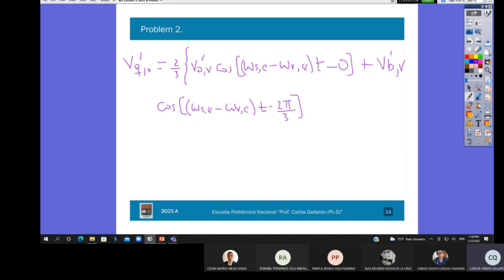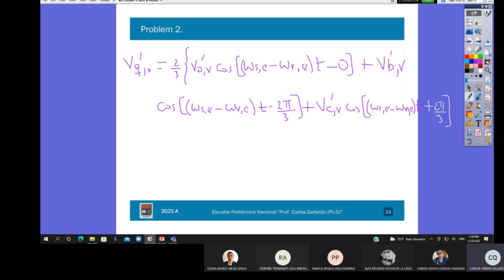The last term is plus the voltage C times cosine. Open the parentheses. I will have here the stator electrical speed minus the rotor electrical speed times the time, plus a phase shift of 120 degrees. This is my first equation.